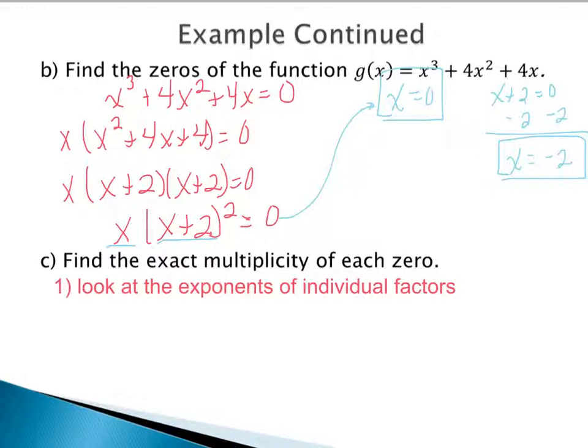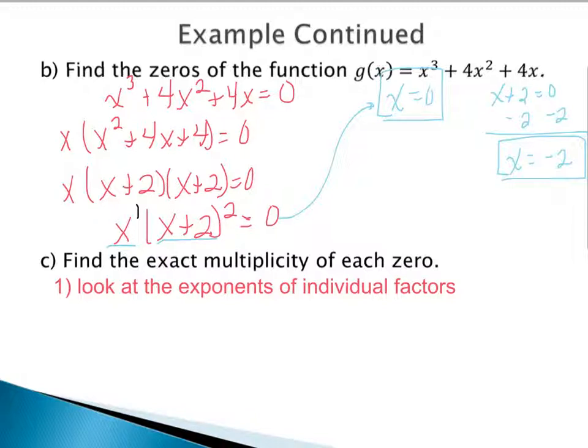Coming back up to our factored form, x times (x plus 2) squared, the x would be your first factor, and the (x plus 2) squared would be your second factor. The x has an exponent of 1, and the (x plus 2) squared has an exponent of 2. So that would help us to determine the multiplicity.